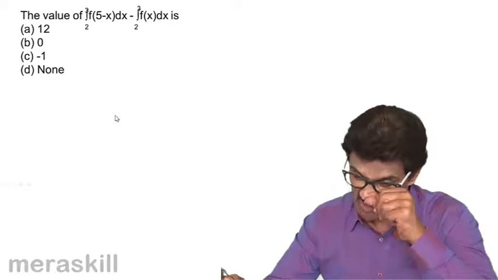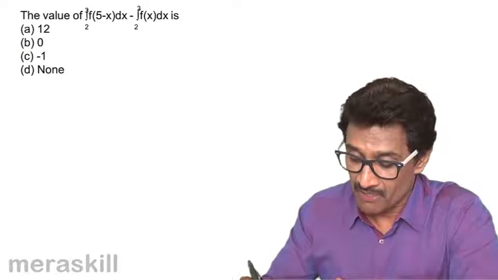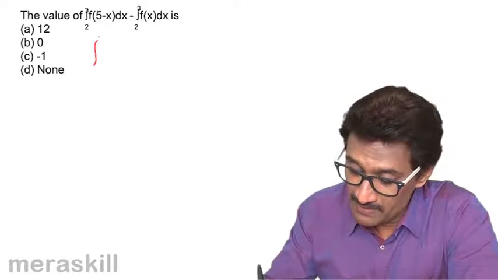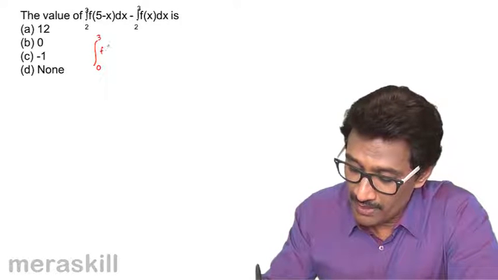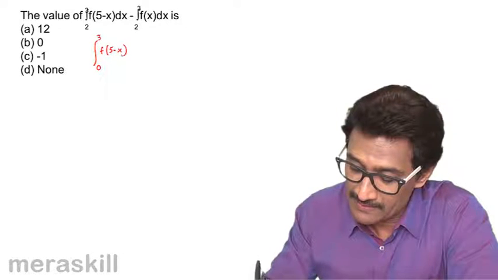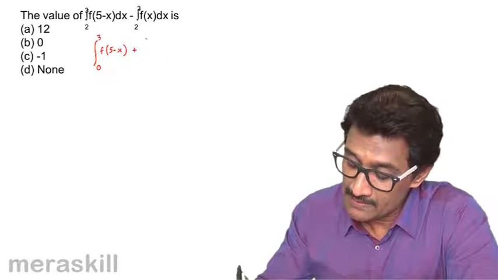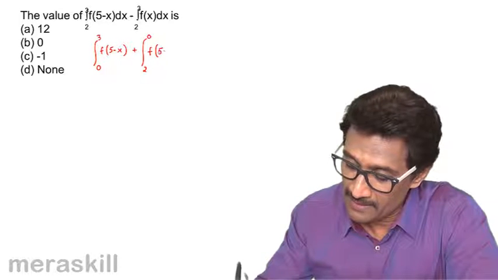Now here also we have a similar kind of thing. We can split this up as integral from 3 to 0 of f of 5 minus x, plus integral from 0 to 2 of f of 5 minus x.